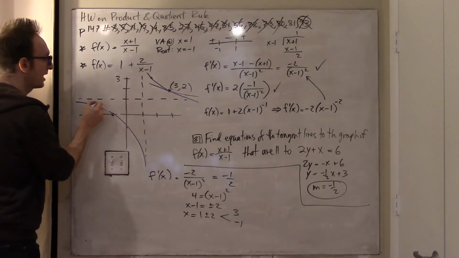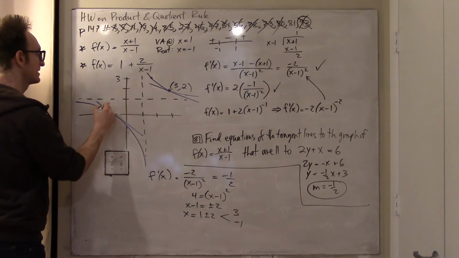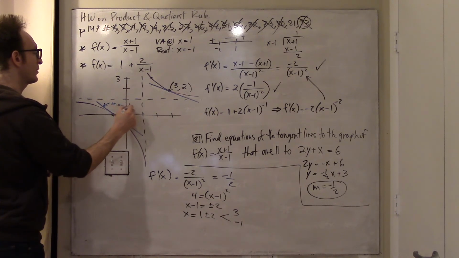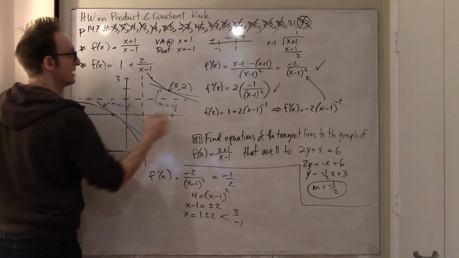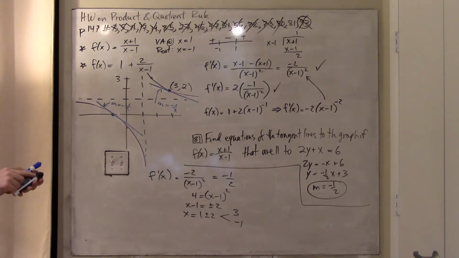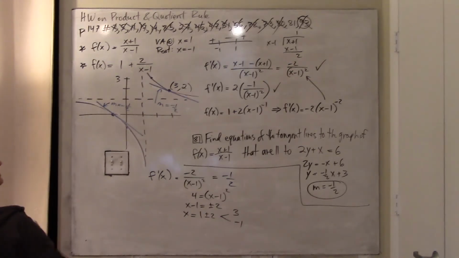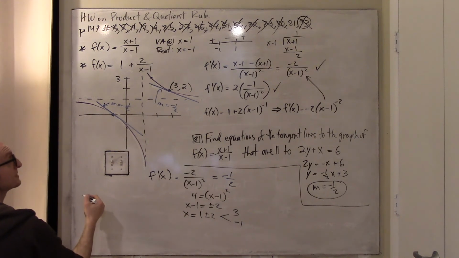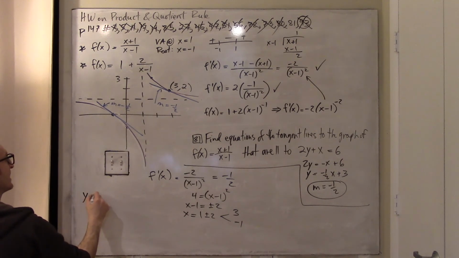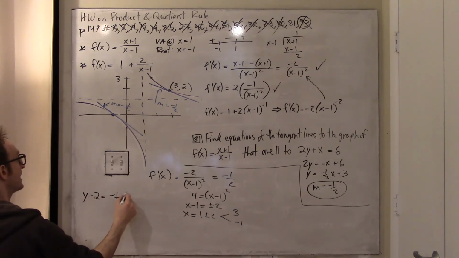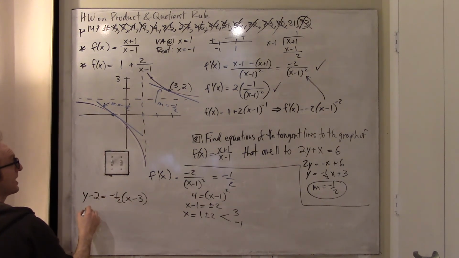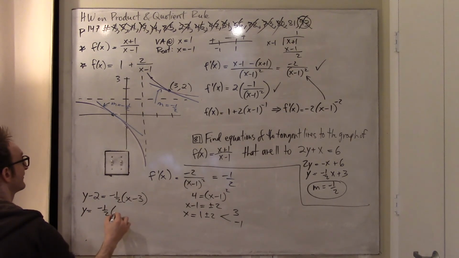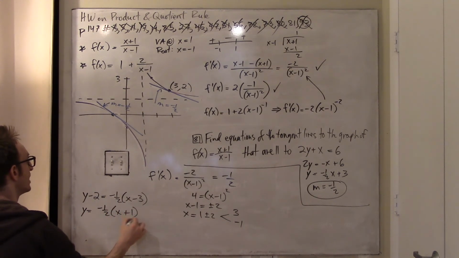So these are the two lines. That line has slope negative 1/2, and that line has slope negative 1/2. The final thing to do is to write the equations of those lines. The first one is y minus 2 equals negative 1/2 times (x minus 3). And the next one will be y equals negative 1/2 x plus 1.